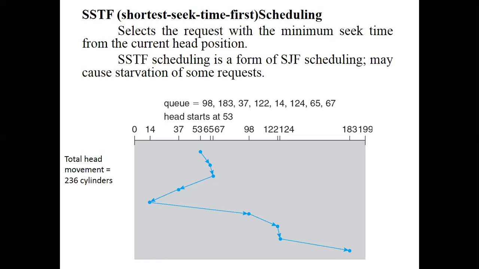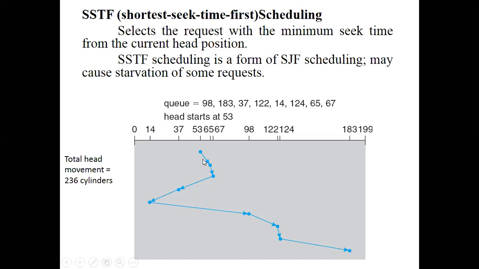For example, again the same queue is considered and the current head position is at 53. From the current head position, you have to consider the left side request and the right side request. Which one has the minimum seek time?